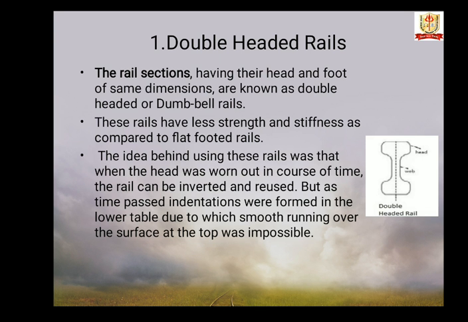The idea behind using these rails was that when the head was worn out in the course of time, the rails could be inverted and reused. But as time passed, indentations were formed in the lower table, due to which smooth running over the surface at the top was not possible.